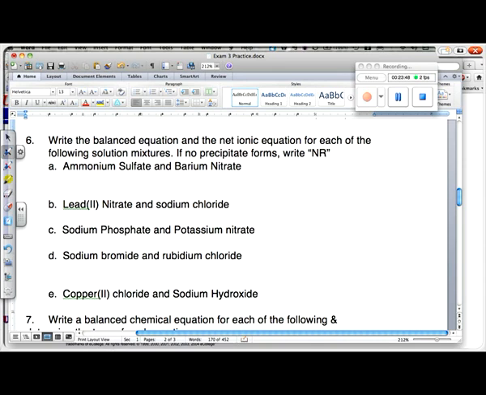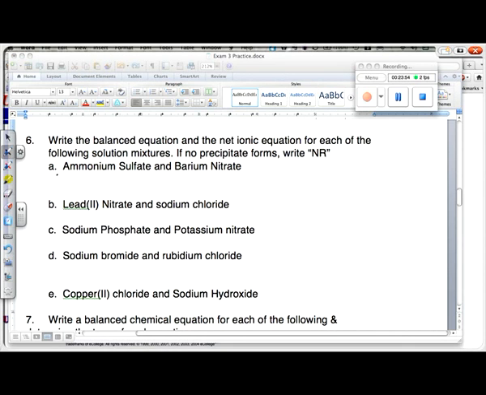All right, so I'm going to go ahead and do the regular equation. NH4 with a +1, sulfate with a -2, so I need 2 of those ammoniums, plus barium nitrate, barium +2, nitrate -1, 2 of those.